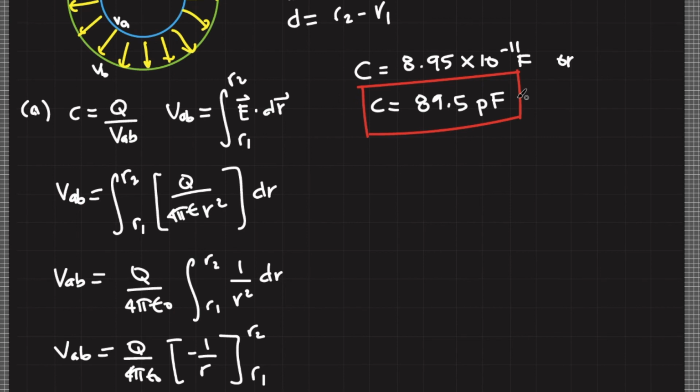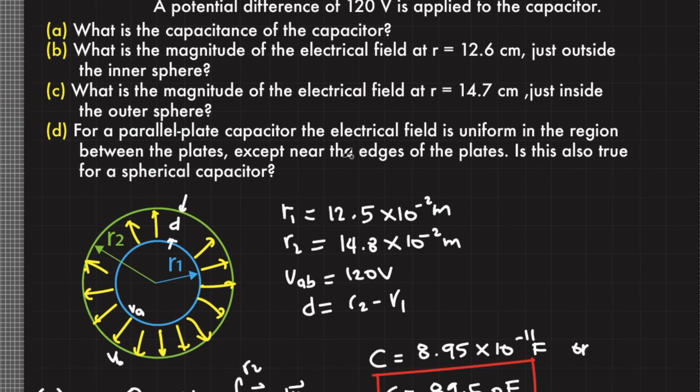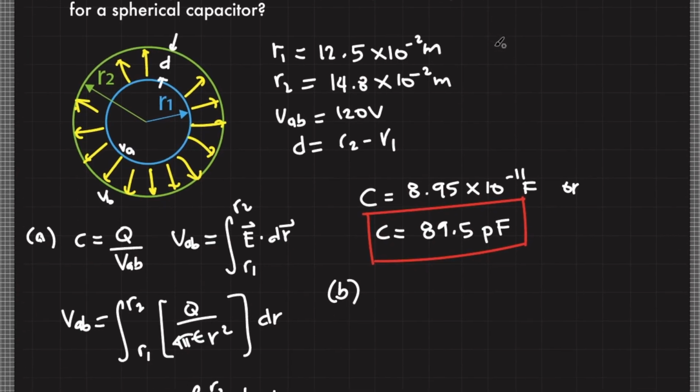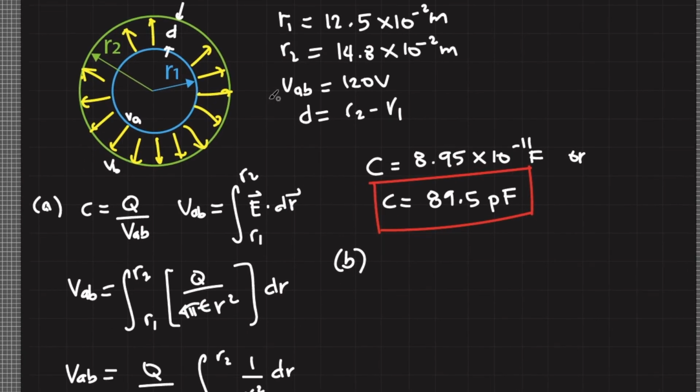Now for part B, what is the magnitude of the electric field at r equals 12.6 centimeters, just outside the inner sphere? So we could just use Gauss's law here. So this is the Gaussian surface.